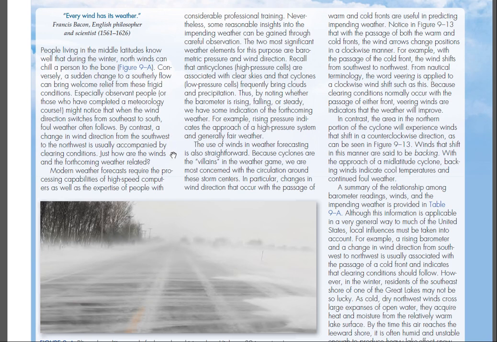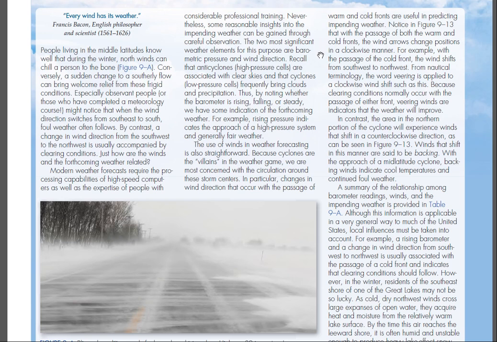Because cyclones are the villains in the weather game, we are most concerned with the circulation around these storm centers. In particular, changes in wind direction that occur with the passage of warm and cold fronts are useful in predicting impending weather. Notice in Figure 9.13 that with the passage of both the warm and cold fronts, the wind arrows change positions in a clockwise manner.